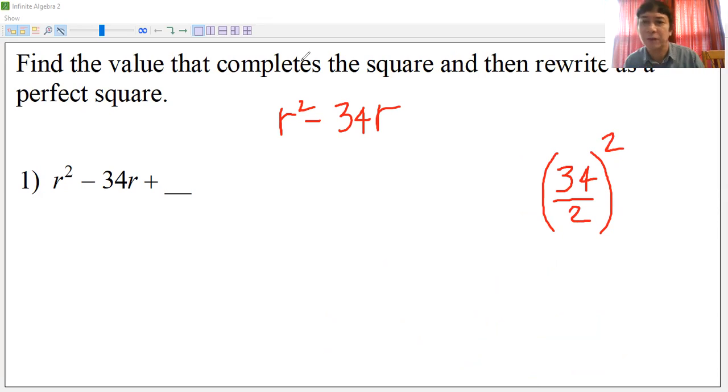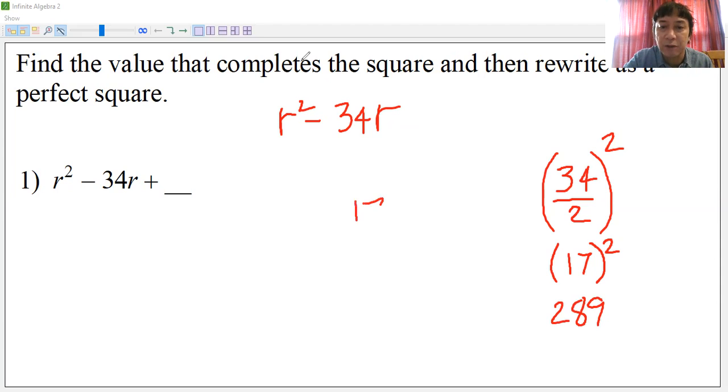34 is divisible by 2, and that is 17. So we're going to square 17. 17 squared means 17 times 17, and that is 289. How did we get 17 squared? All you need to do is multiply it by itself.